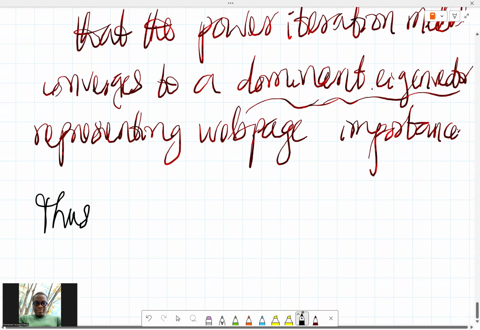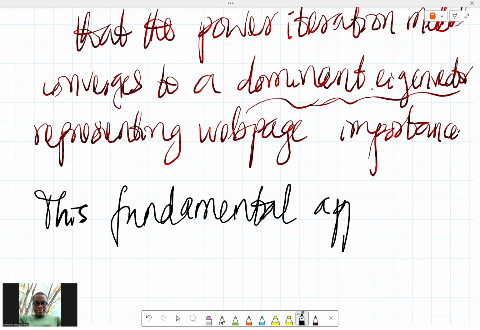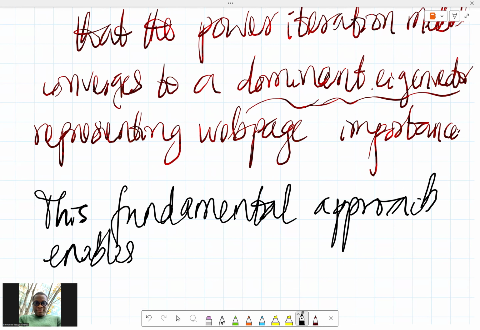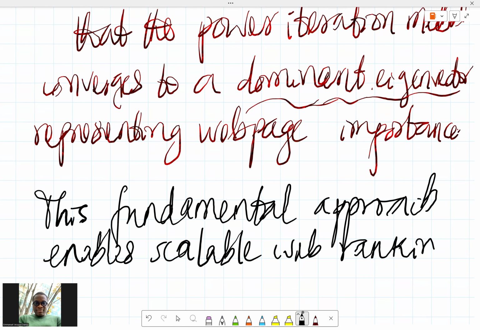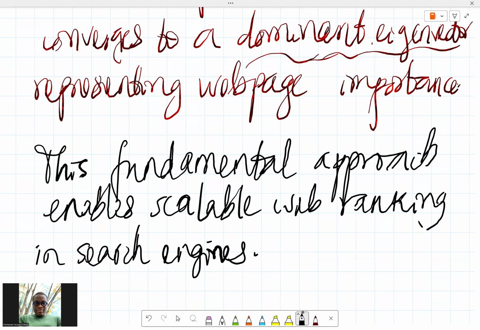Thus, this fundamental approach enables scalable web ranking in search engines. And that is, of course, the secret behind Google and other search engines.